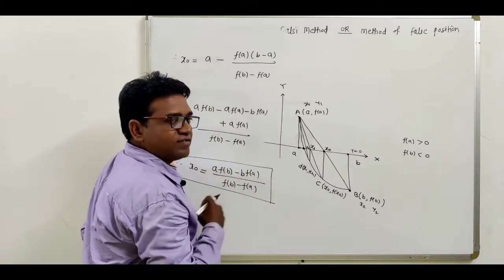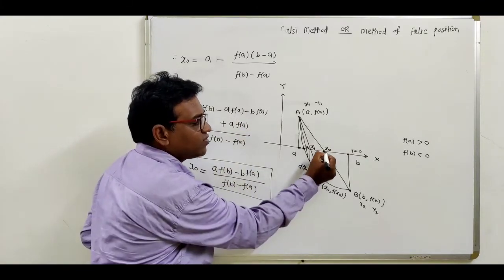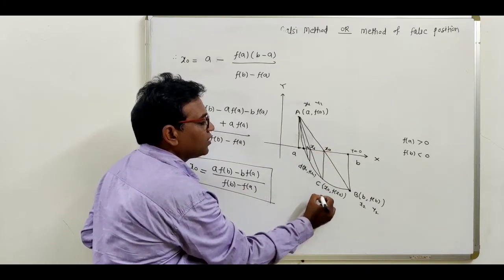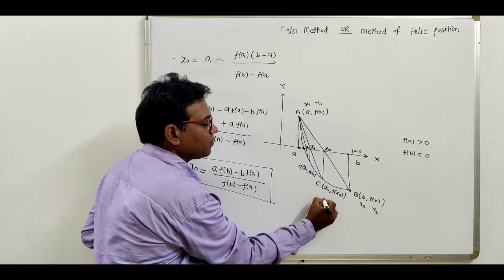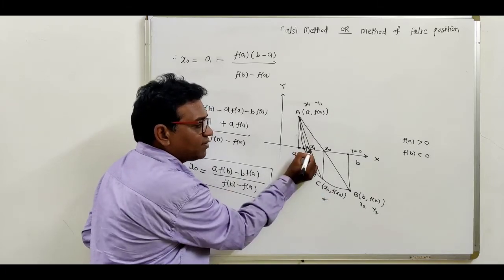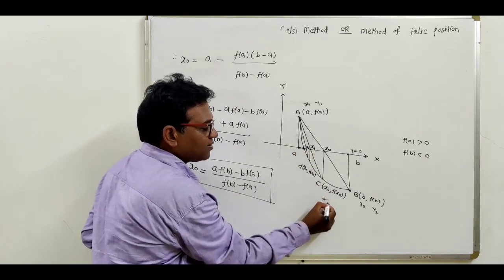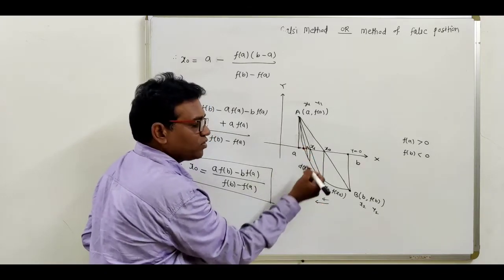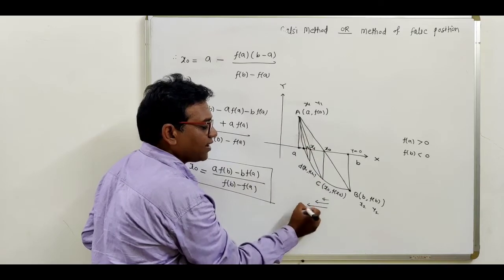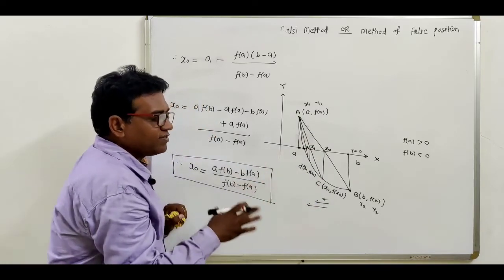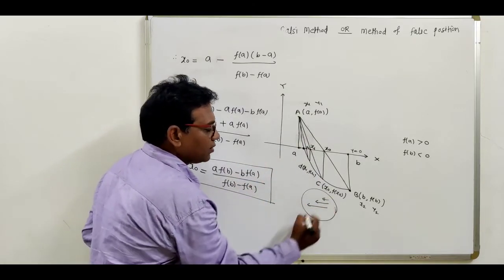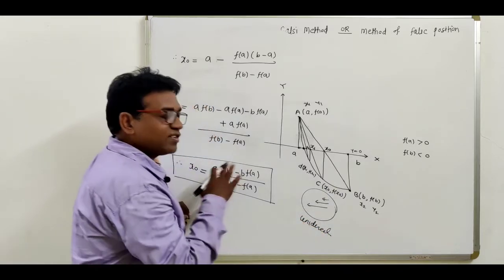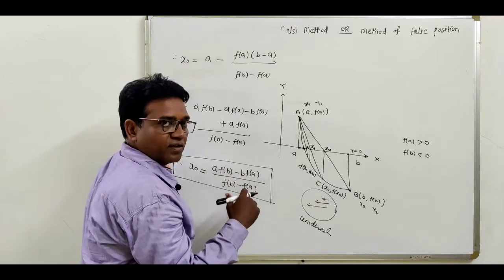So see, in the regular Falsi method, x0, that is the initial approximate root, lies in this direction. x1, the next approximate root, lies in this direction. x2, the next approximate root, again lies in this direction. So in the regular Falsi method, the roots are unidirectional, while in the bisection method, the roots are not unidirectional.